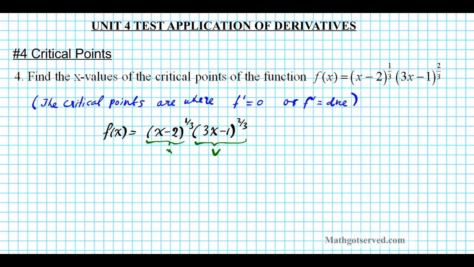Okay, so we have u and v. We can use the product rule. What is the product rule again? (uv) prime is equal to v u prime plus u v prime. Since addition commutes, you can write it in the other order too. Okay, so we're going to use this formula to find the derivative of this function.